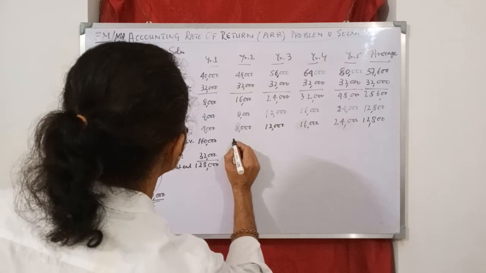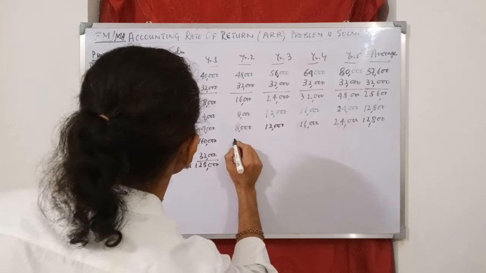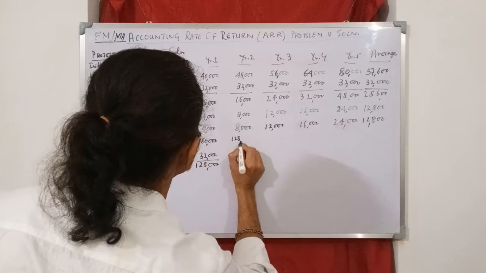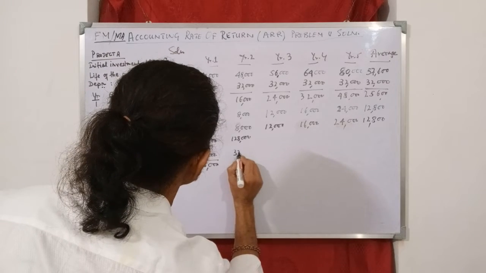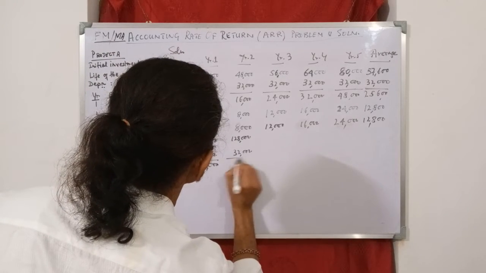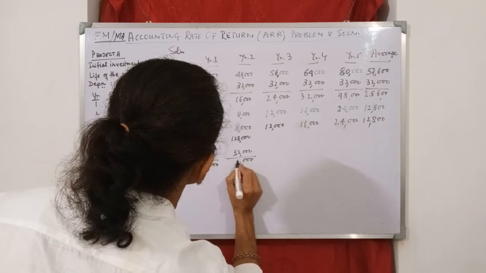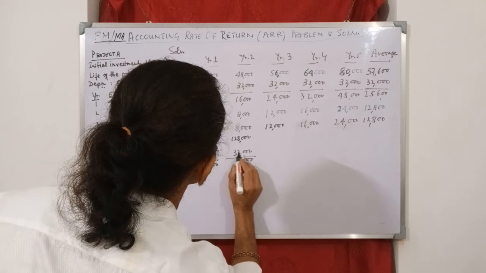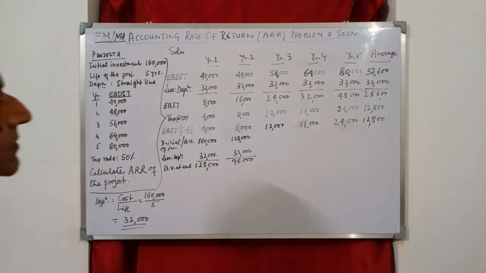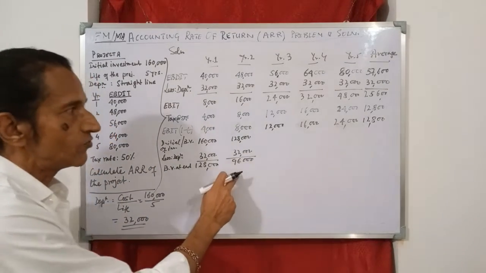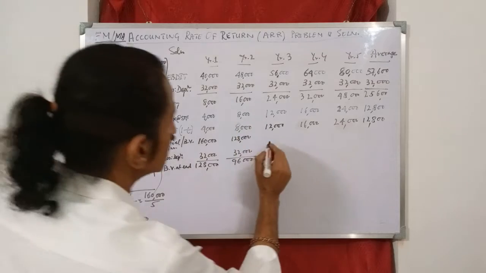So book value at the beginning of year 2 will be 128,000. Again, deduct depreciation 32,000. So we get 96,000. So 96,000 is the book value at the beginning of year 3.